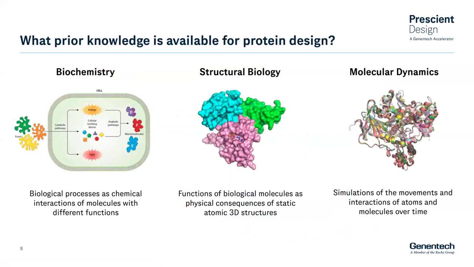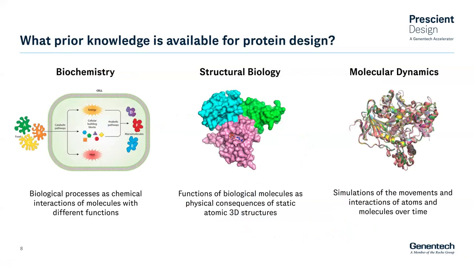So we're talking about geometric deep learning. We're talking about incorporating prior knowledge into our models. So a reasonable question to ask is, what prior knowledge do we have at our disposal? A lot of it essentially comes down to your level of resolution.